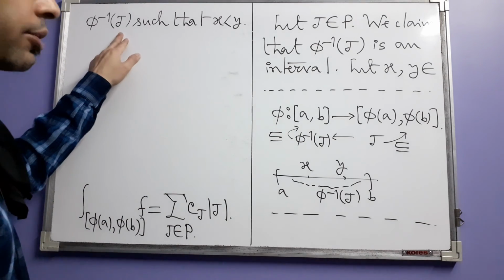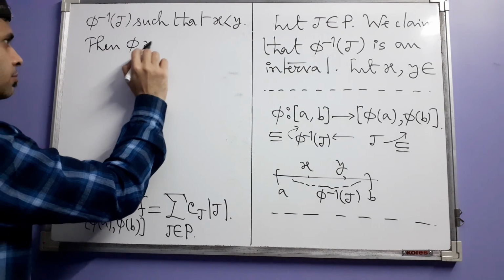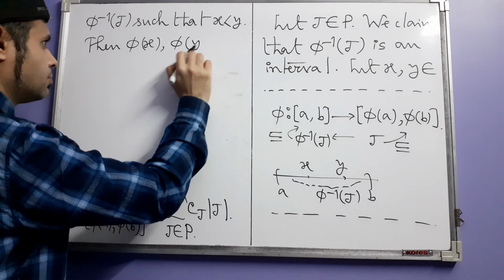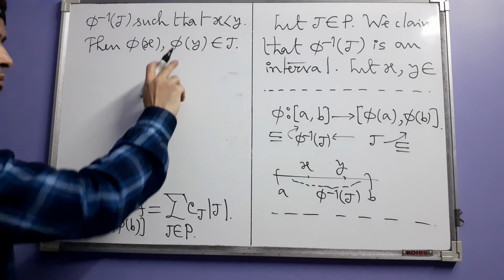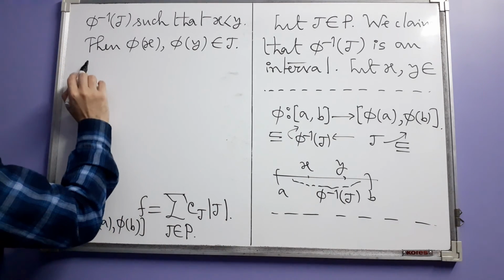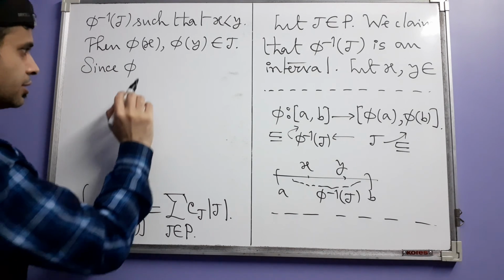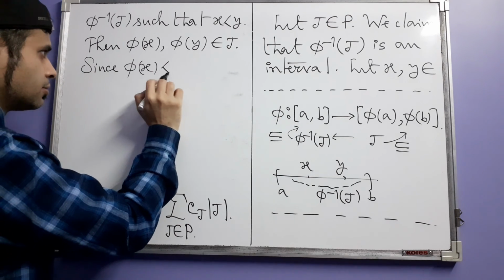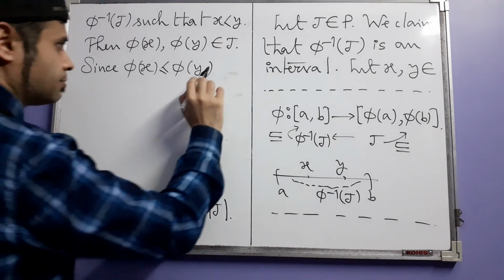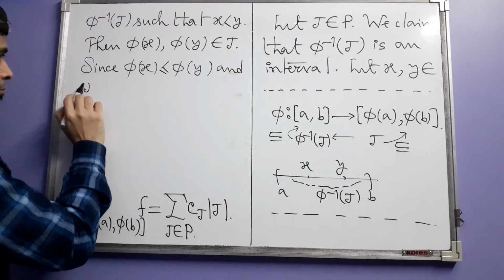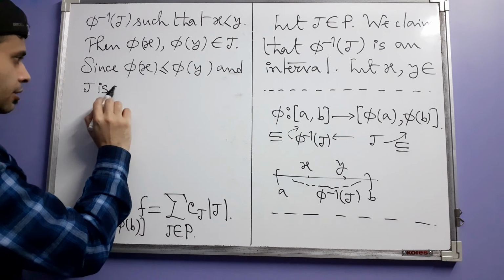Because x and y both belong to this inverse image, phi of x and phi of y will belong to j. Now recall that phi is monotonically increasing. Since phi is monotonically increasing, phi of x is less than or equal to phi of y. And j being an interval itself, because j is coming from P, it is also connected.